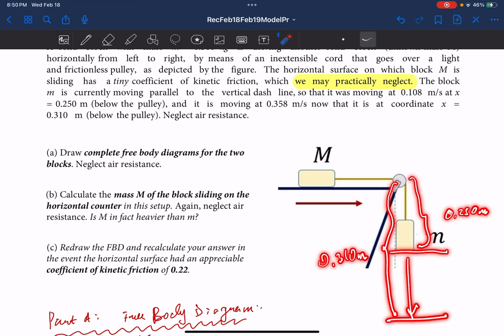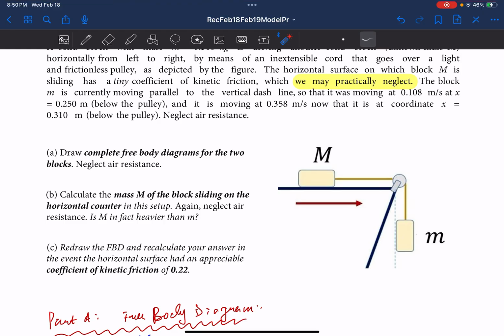So it just goes down that difference between those two numbers. And the displacement happens isn't in the x direction as denoted by the problem, but rather the y.